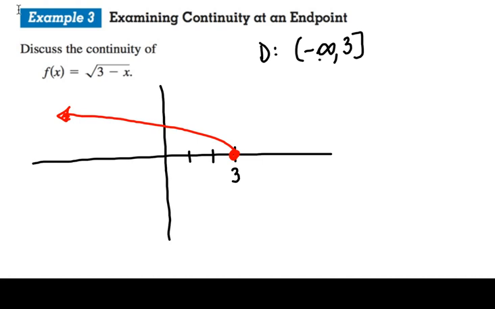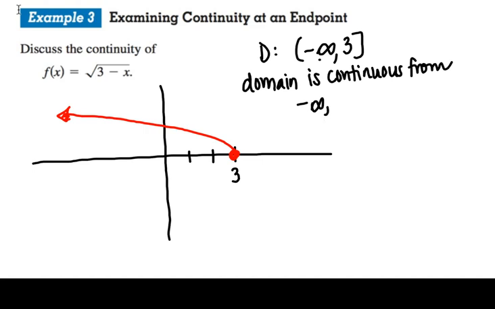Between negative infinity and 3, our domain is continuous.